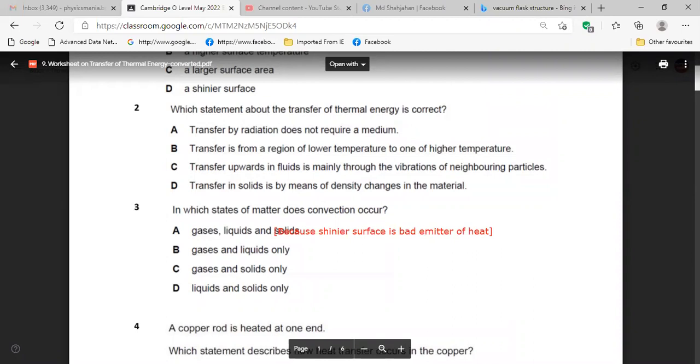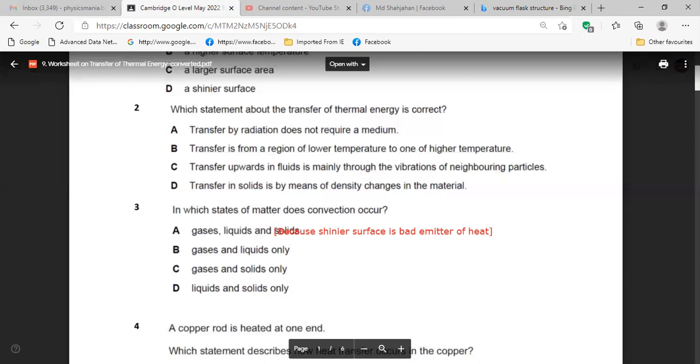Sir, A. Yes, exactly. The answer is A. Transfer by radiation does not require a medium. And you see why B is incorrect? It's saying the opposite, right? It should be from higher to lower. Then why is C incorrect? In fluids, we don't have vibrations of neighboring particles.